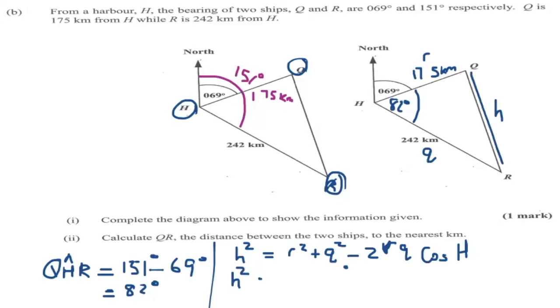So r is 175 kilometers; I replace r with 175, squaring this, plus q, that's 242 kilometers, so 242 squared, minus 2 times r, which is 175, times q, which is 242, times cos 82.